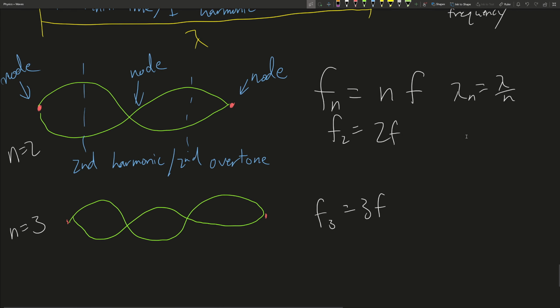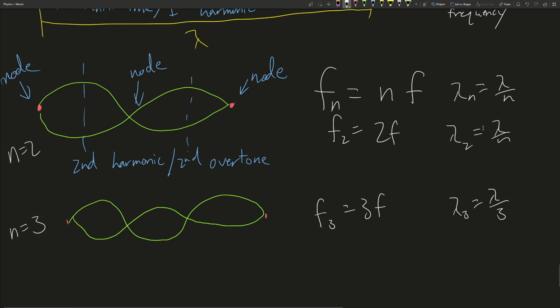And so for the second harmonic, the wavelength is going to be half of this first harmonic wavelength. And for the third harmonic, the wavelength is going to be a third of this first harmonic wavelength.